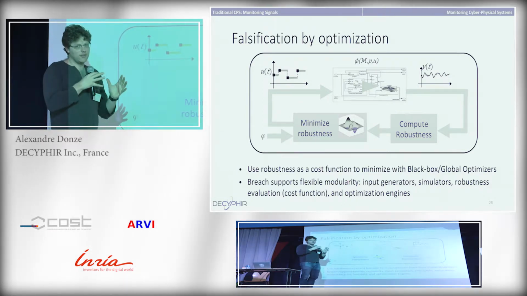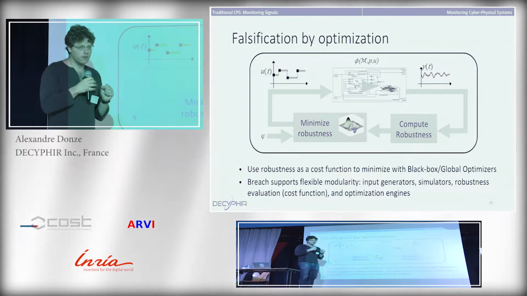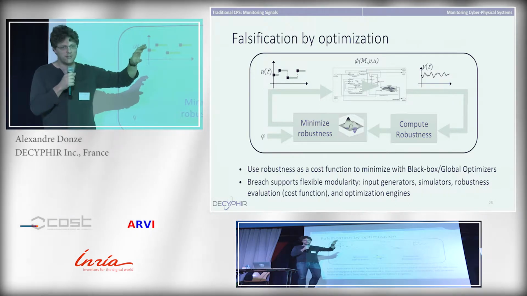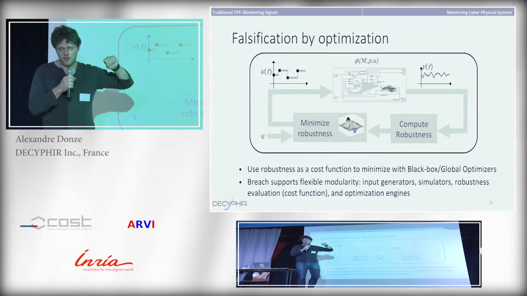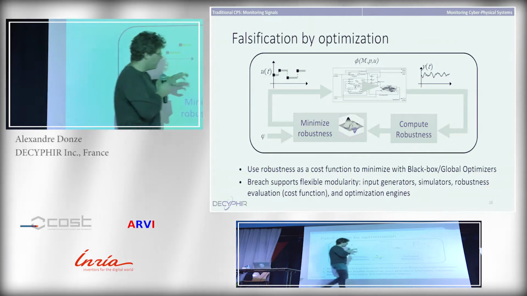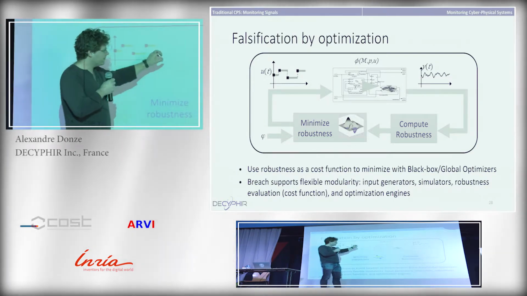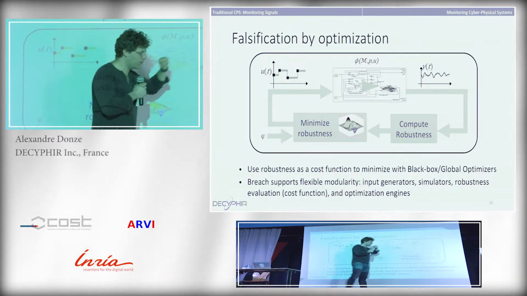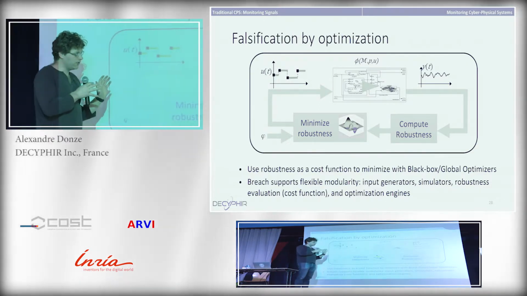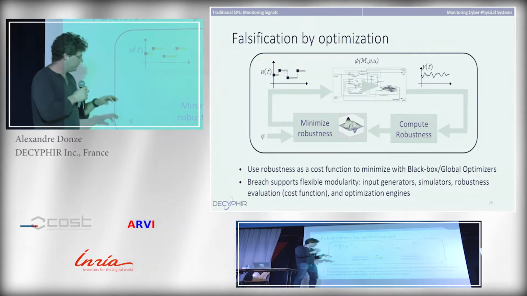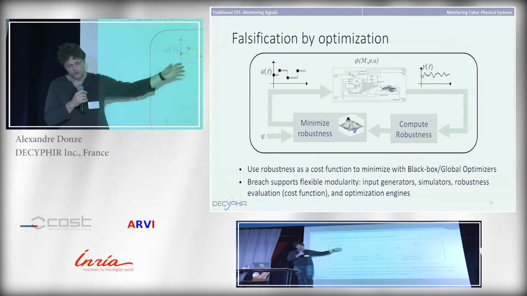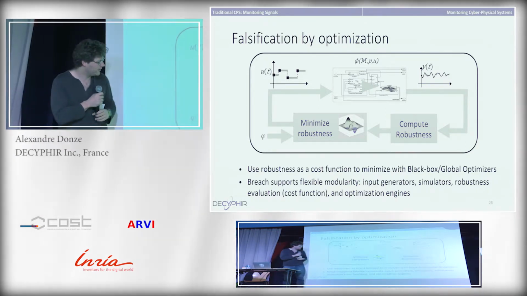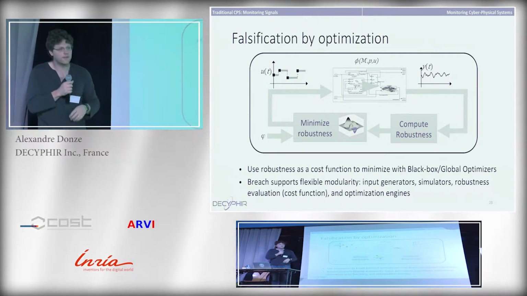Then it packs all this into a standard kind of optimization problem. It's the job of someone else to design the best optimization engine to do this, but I do the interface. So basically we can transform this model plus formula into an optimization problem on which you can try different types of engines. Of course we have different engines. I don't want to go into the detail of that here.